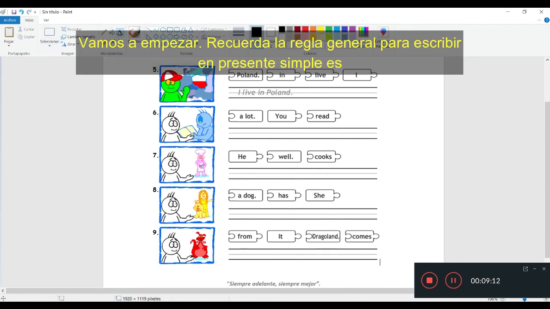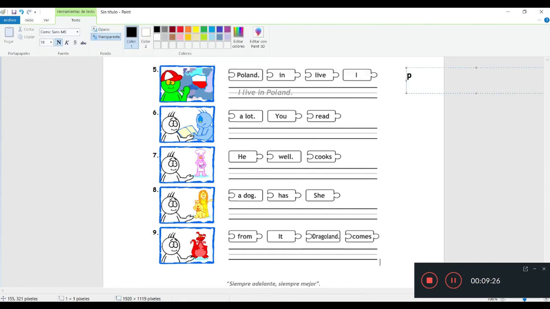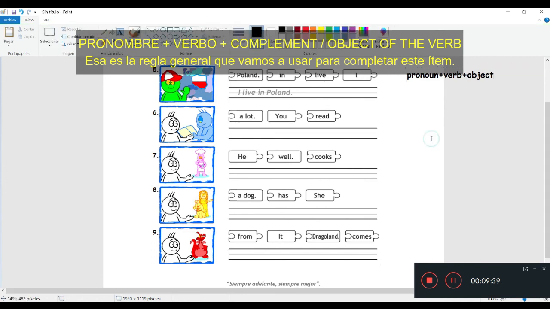Remember, the general rule to write in simple present is pronoun plus verb plus the complement or the object of your verb. Okay? That is the general rule that we are going to use to complete this item.